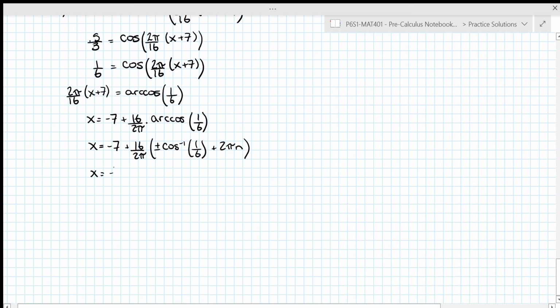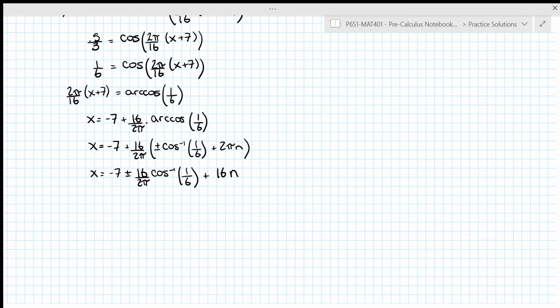And I have to distribute that 16 over 2 pi to both things. 16 over 2 pi times 2 pi n is just 16n, because again, 16 is my period. So I need to find out, using my calculator, what is 16 divided by 2 pi times the inverse cosine of 1/6. Make sure I'm in radian mode, and make sure I put 2 pi in the denominator, in parentheses.